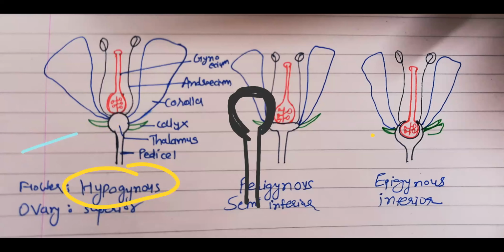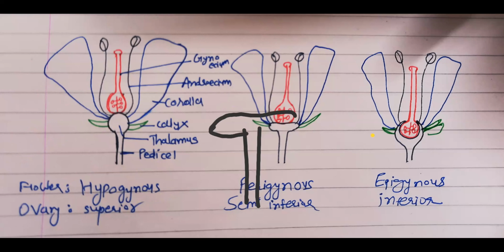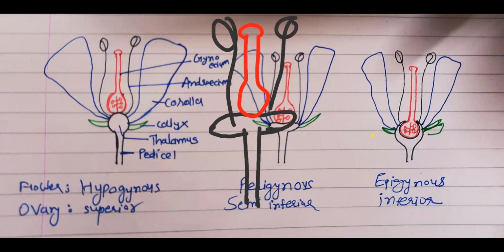Second type of flower that we call perigynous. In perigynous, the shape of the thalamus is a flat disc-like shape. Here the ovary is located, then next the stamens, then the petals, and then the sepals.